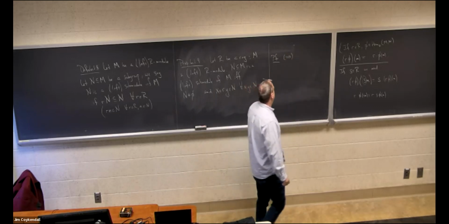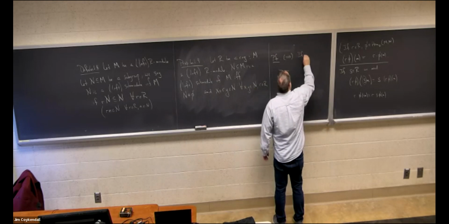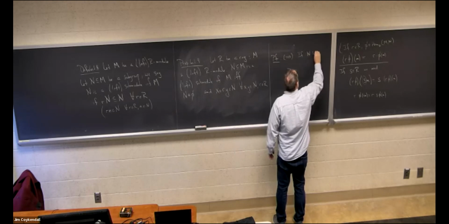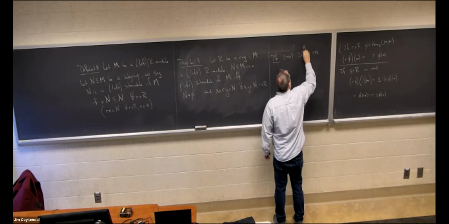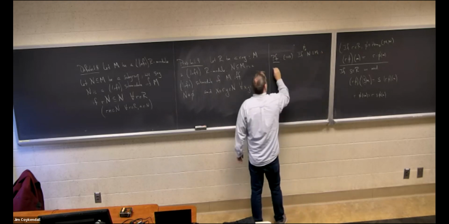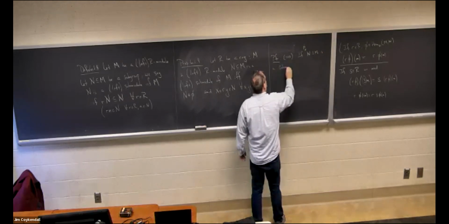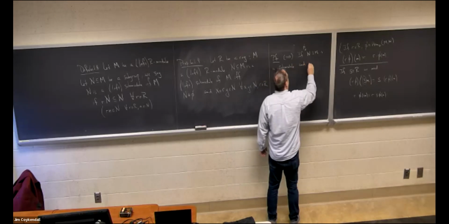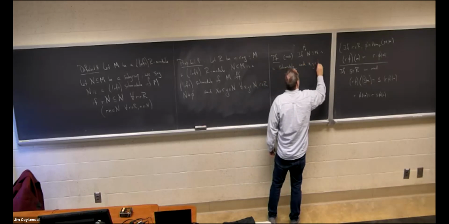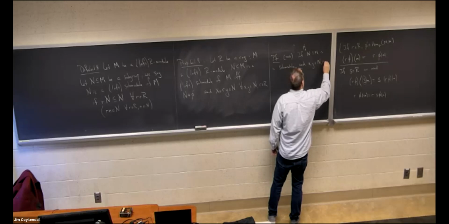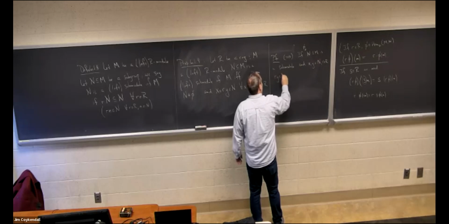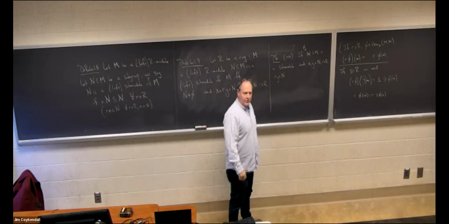This one's pretty easy, right? If N in M, and of course it's not the empty set, is a submodule, and x, y is in N, and r is in R, then ry is in N, because it's a submodule.